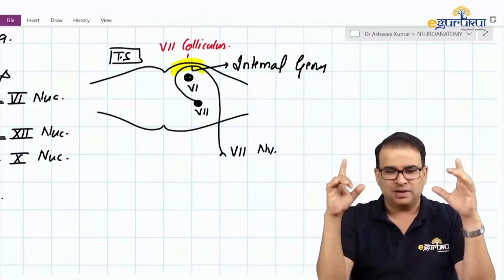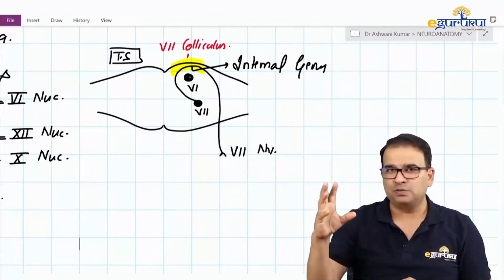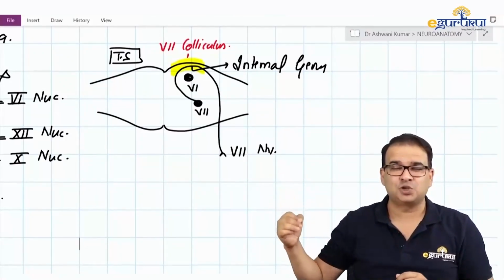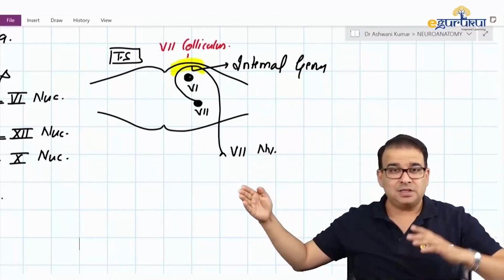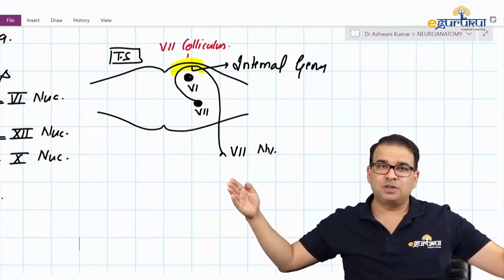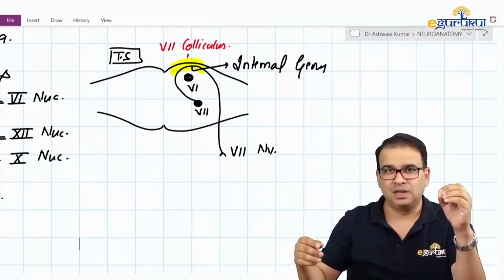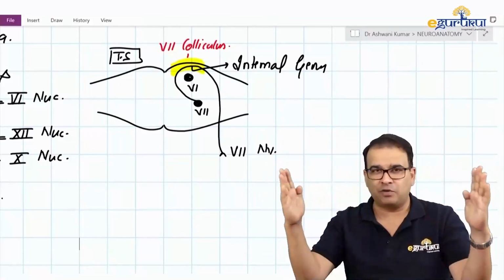Where were those nuclei located? The facial nucleus was in the second column, the SVE pharyngeal arch column, and the trigeminal nuclei were in the second last column, the general somatic afferent column. These columns are far apart from each other.